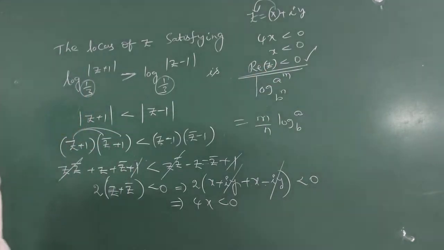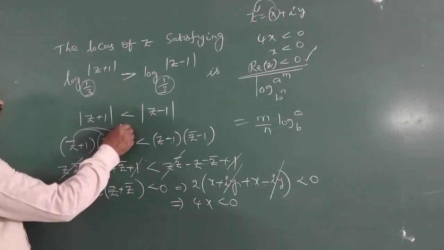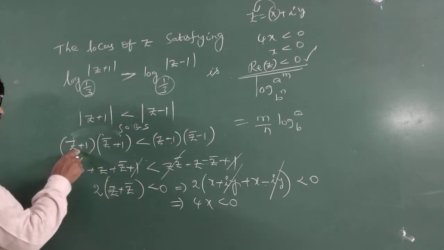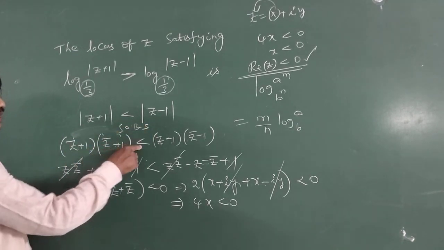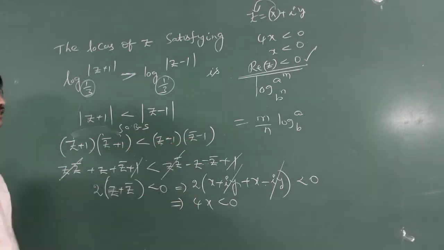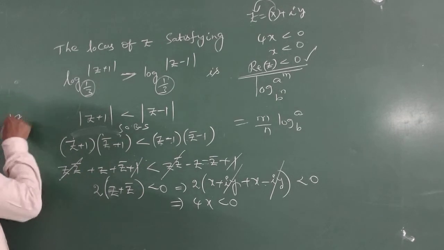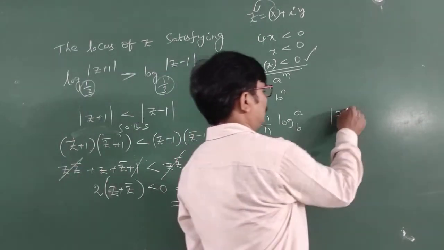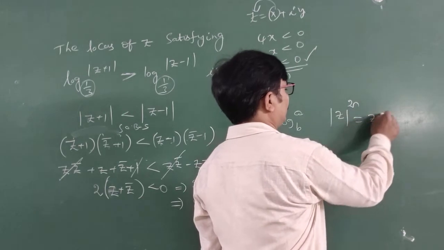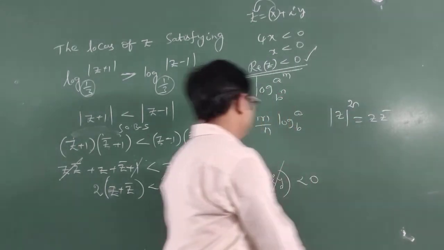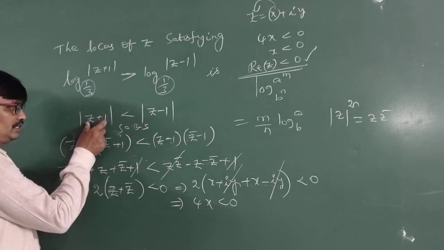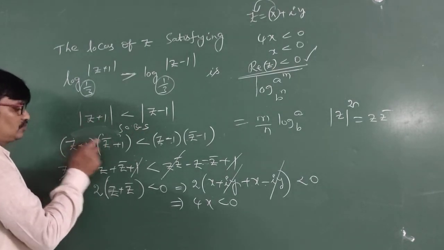Okay students? When we square both sides, we can write this as (z plus 1) into (z bar plus 1) less than (z minus 1) into (z bar minus 1). So the mod square can be written as z into z bar.